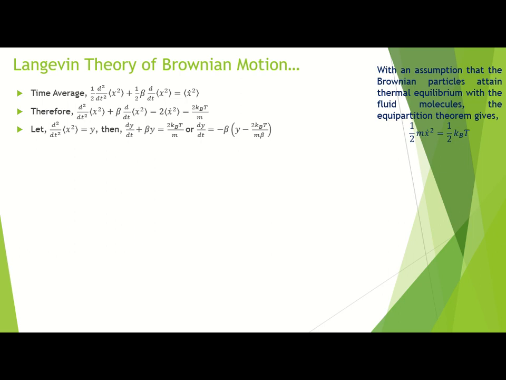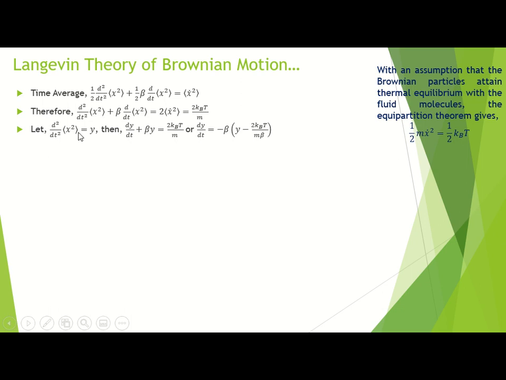So again, now we have this equation in terms of x square, second derivative and first derivative of x square average equal to twice kBT by m. So let's say that this is y, sorry, this is y here.